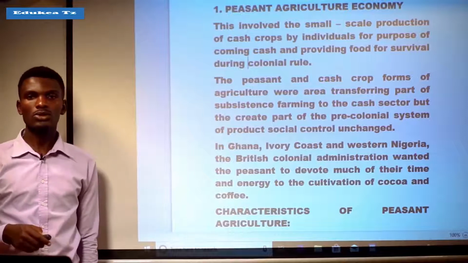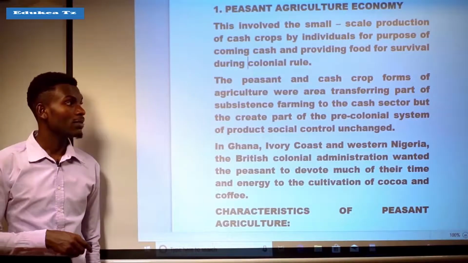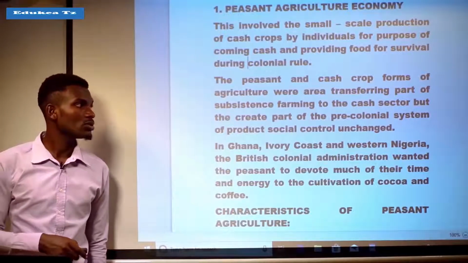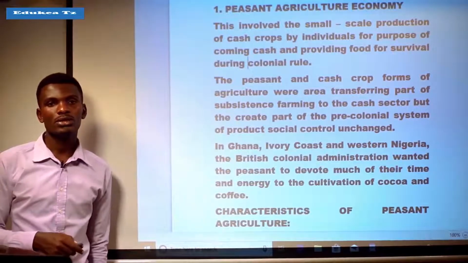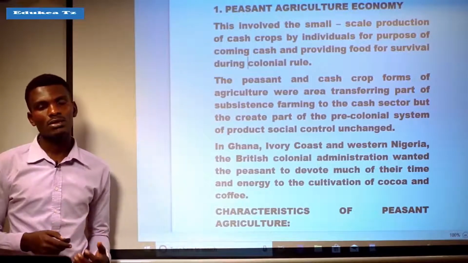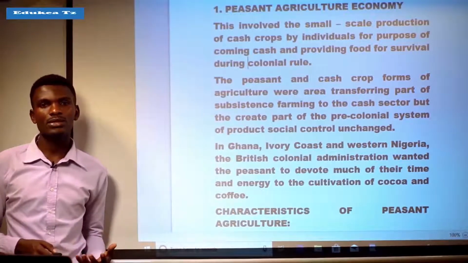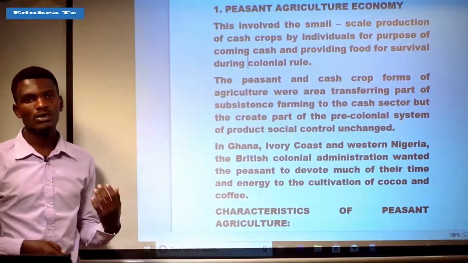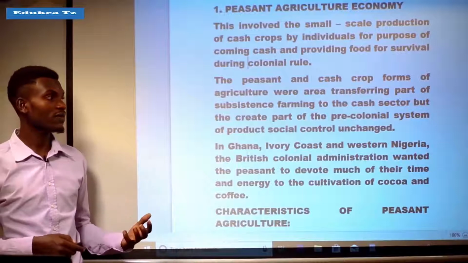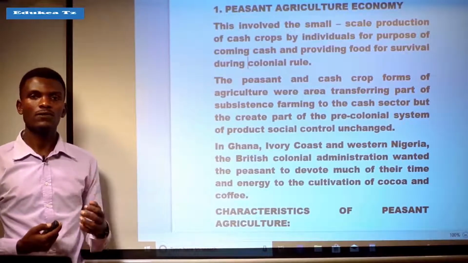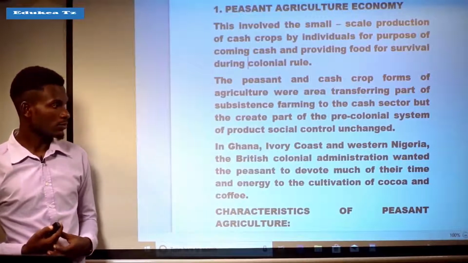It means that the social control was unchanged, but the subsistence farming was changed to the cash sector. They transferred from subsistence production to cash production. So the Africans started to involve themselves in production of cash crops and food crops.